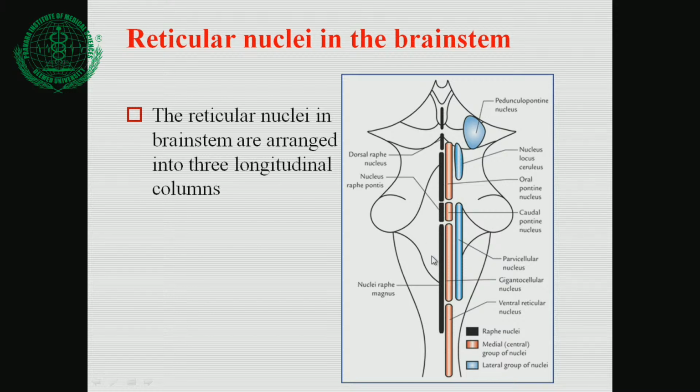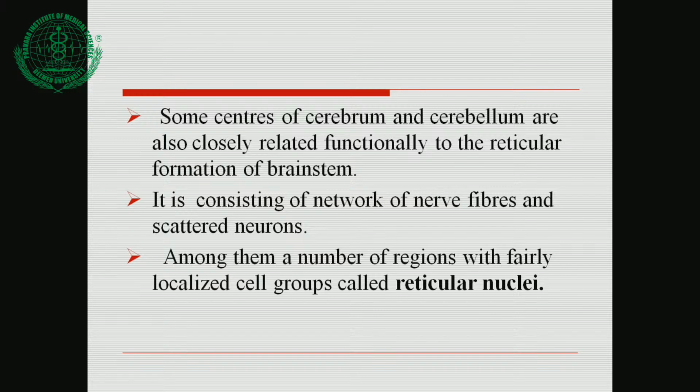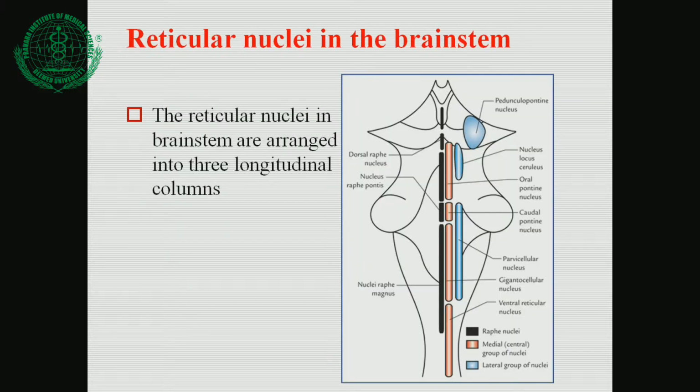These are the median nuclei, known as the Raphe nuclei, the medial nuclei just parallel to it, and the lateral nuclei, according to the color code.